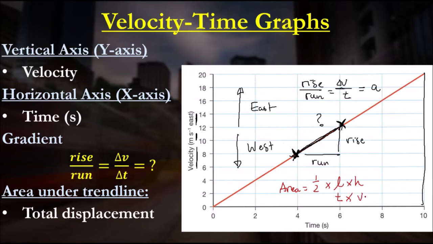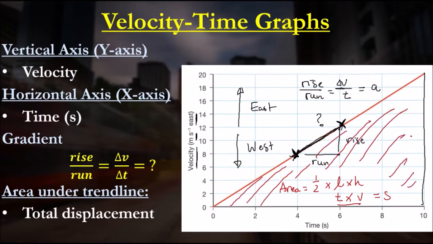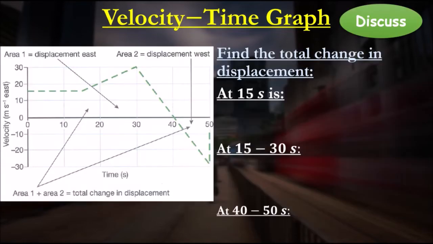So time multiplied by velocity gives us displacement. So this tells us the displacement of the object. All this area that we have here would tell us the displacement of the object moving towards the east. Now, displacement is a vector, so there are scenarios where you will get the opposing direction. So let's have a look at the examples.